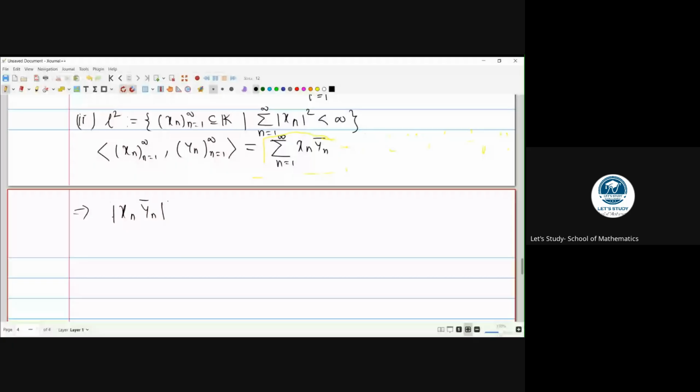Whatever he is saying, mod of xn yn bar is less than or equal to the sum of squares by 2, and a finite sum of convergent series is convergent.